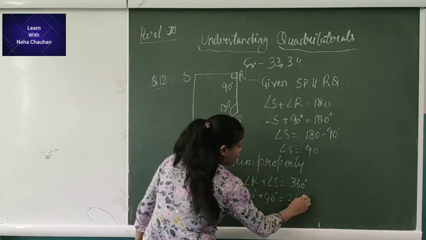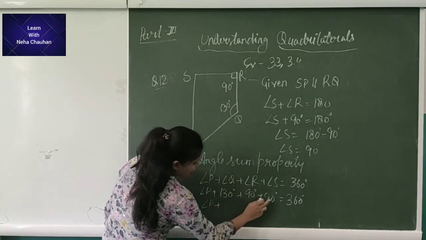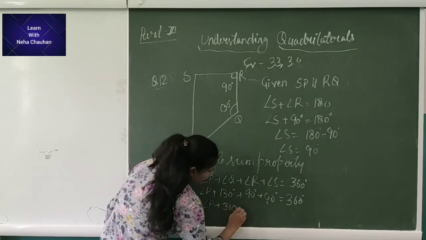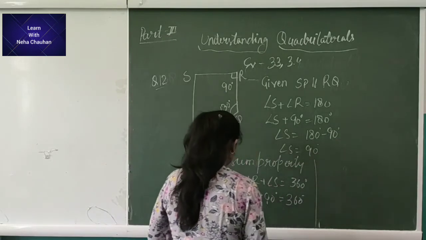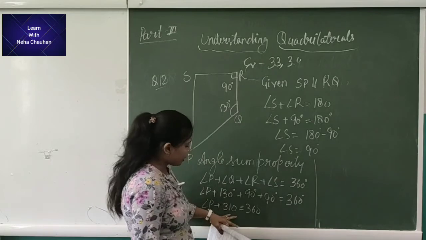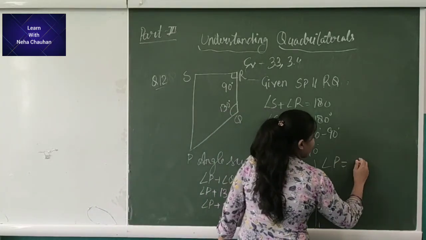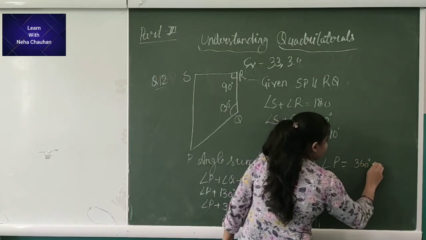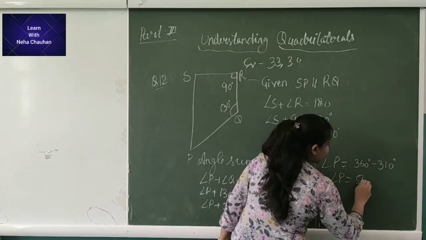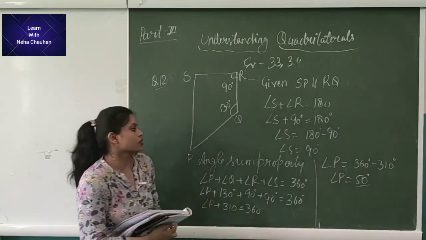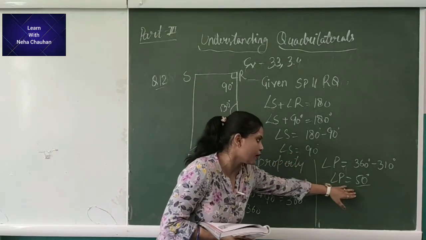Now sum all these, angle P plus 130, 90, 90, we will get 310, right? Now taking 310 to the right side, we will get P is equal to 360 degrees minus 310 degrees. So angle P is equal to 50 degrees. Alright. So we get the answer, that is angle S is 90 degrees and angle P is 50 degrees.